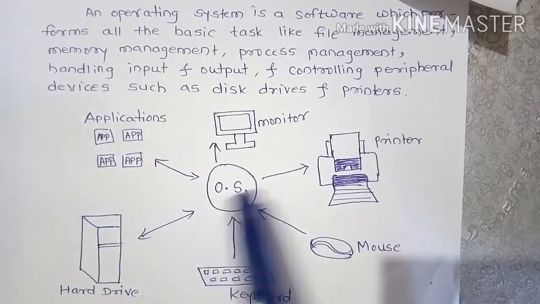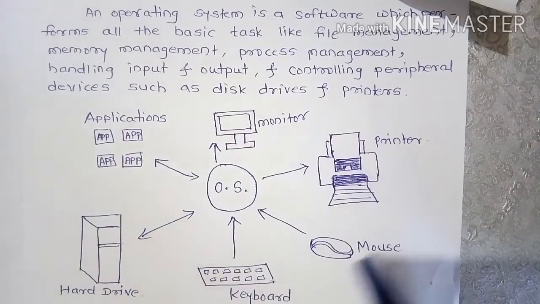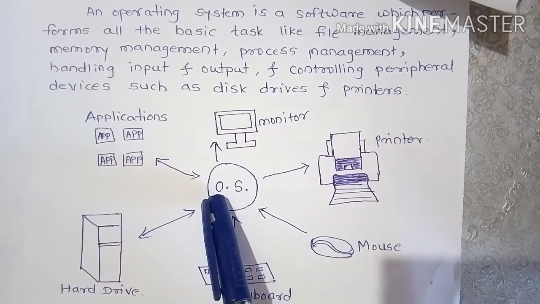The resources allocated to your computer, like the printer, mouse and keyboard, are external peripherals. Those peripherals are attached to your computer system, and your computer system performs various tasks using that hardware. You can see these are all peripheral devices controlled by the operating system.